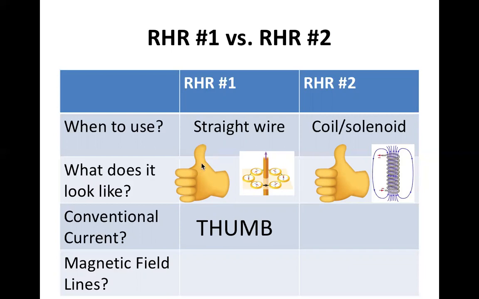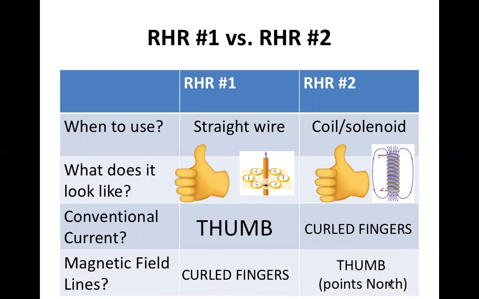So the thumb is the conventional current for right-hand rule number 1, but for right-hand rule number 2, you have curled fingers that give you the direction of the conventional current. And in terms of what magnetic information you get, the curled fingers give you the magnetic field line for right-hand rule number 1, and the thumb points to the north side of the bar magnet for right-hand rule number 2.